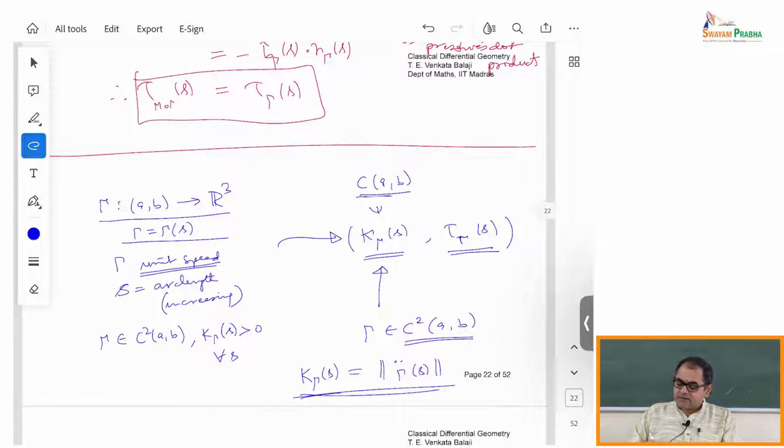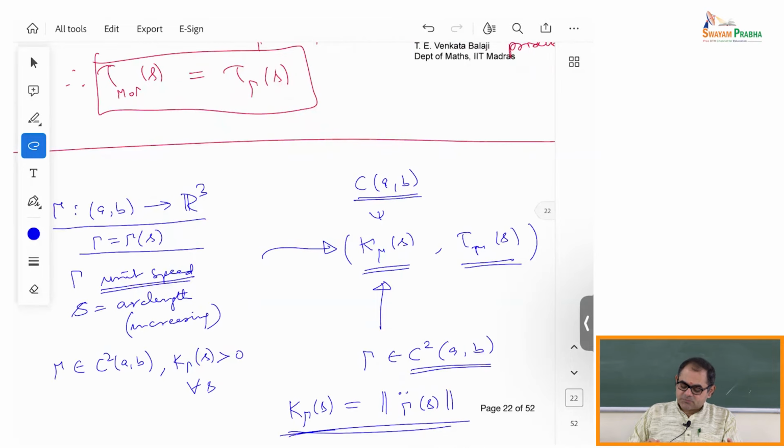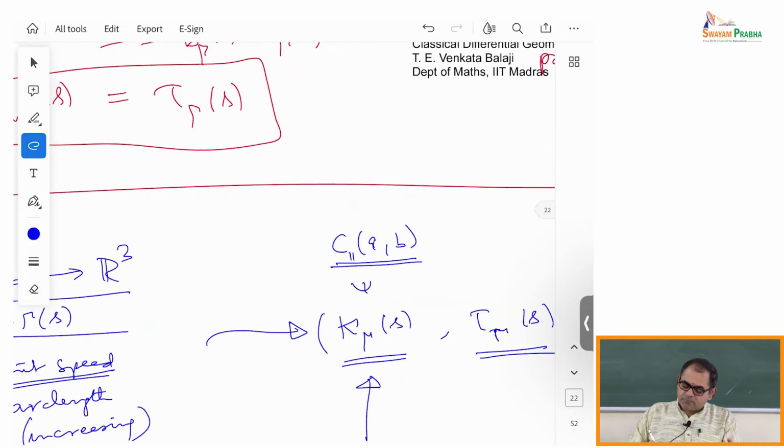This function is not just a continuous real valued function on AB. It has to be also positive valued. So what I will do is I will just put CR plus here. So let me just write that. I need CR plus of A comma B. So this CR plus means it is a continuous and positive real valued function.